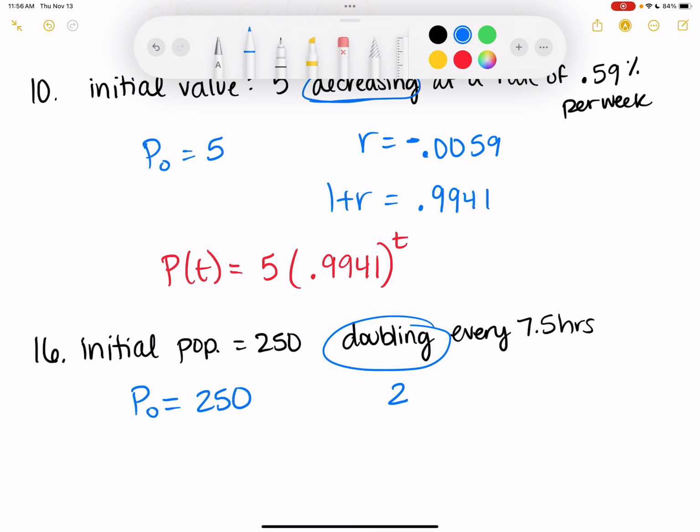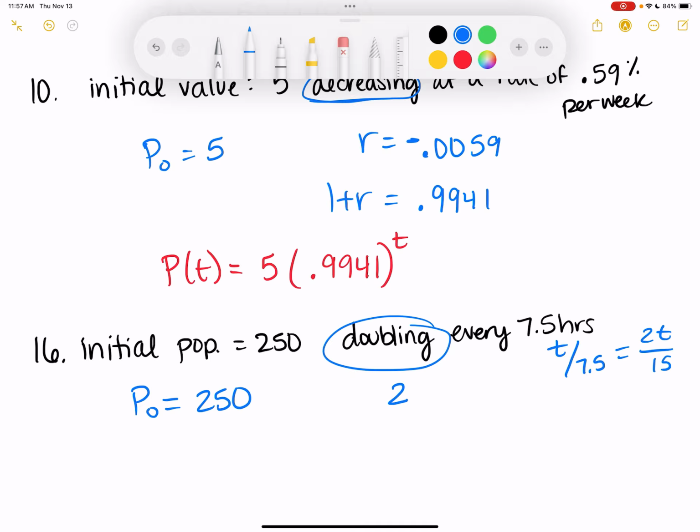We can either do t over 7.5 because it's every 7.5 hours, or we can also write this as 2t over 15, which would be the same thing as t over 7.5, so that it's written as a fraction.